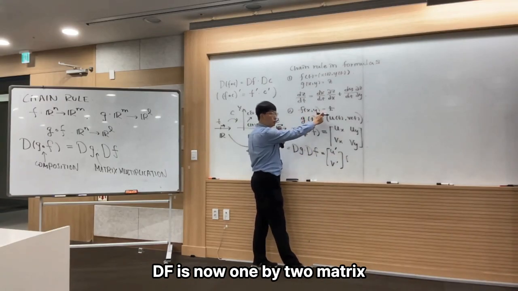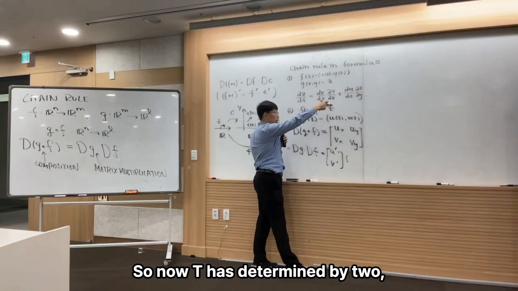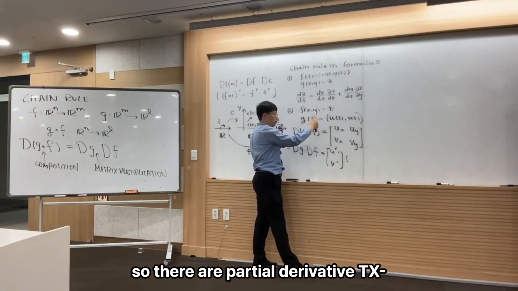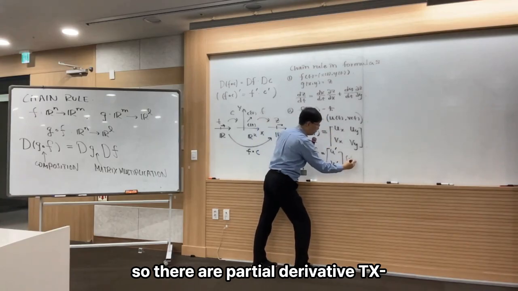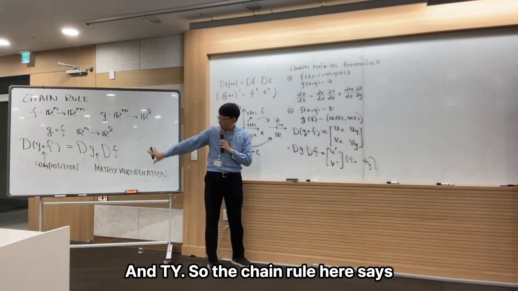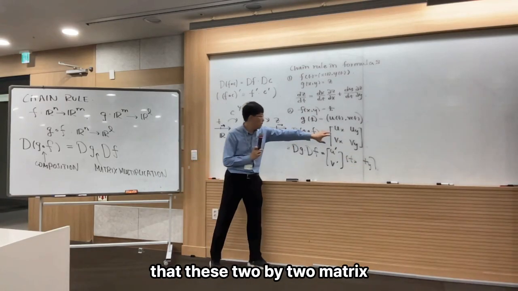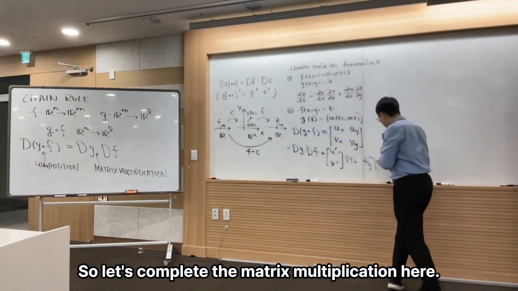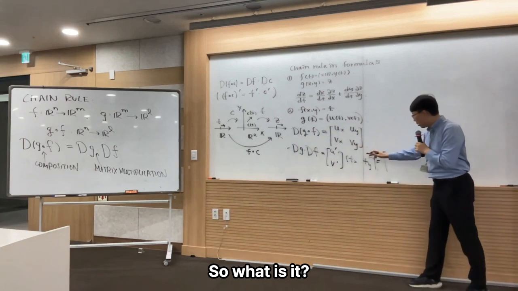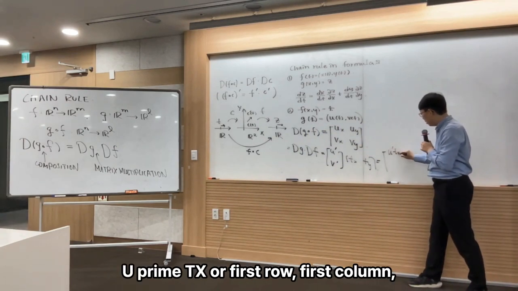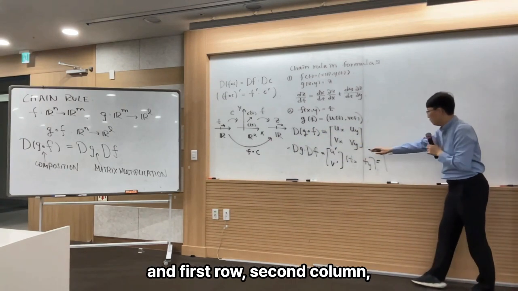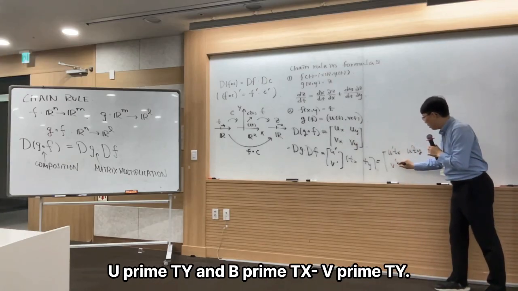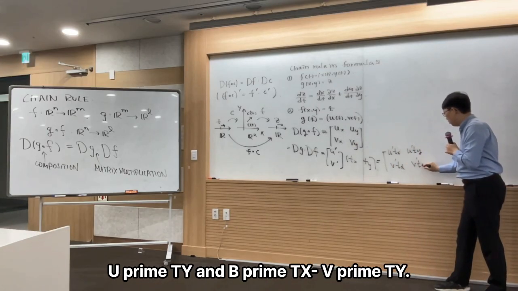And what is df? df is now a 1 by 2 matrix because I only have t, but now t is determined by two variables. So there are partial derivatives, tx and ty. The chain rule here says that this 2x2 matrix and the product of these two matrices are the same thing. So let's complete the matrix multiplication here. First row, first column is u prime tx, first row, second column is u prime ty, and v prime tx, v prime ty.